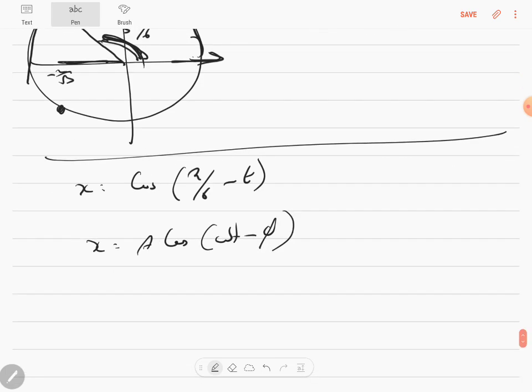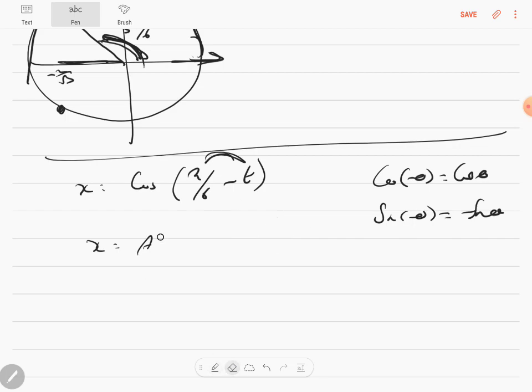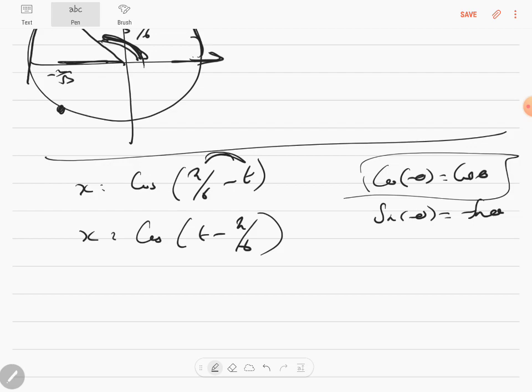Do you know cos of minus theta is cos theta, whereas sin of minus theta is minus sin theta? So if I switch this, I'll get a cos of minus theta, which will anyway be cos theta. So I'm allowed to switch this, and I can directly write this as x is equal to cos of t minus pi by 6. Because cos of minus theta anyway is cos theta, so it doesn't matter.